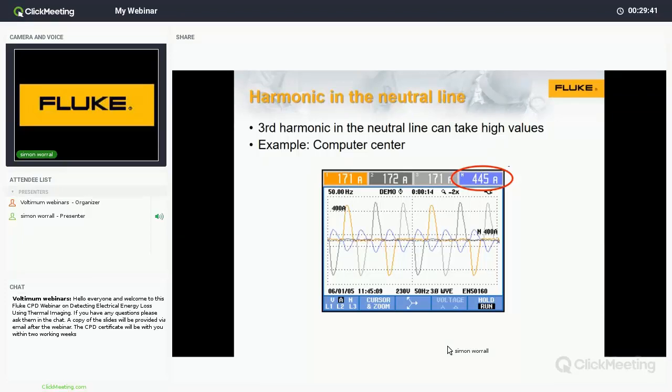They have thousands of computers in there. They have printers in there. They have monitors, which are all LCD monitors now. All these products are powered by single phase switch mode supplies, and single phase switch mode power supplies create a third harmonic.